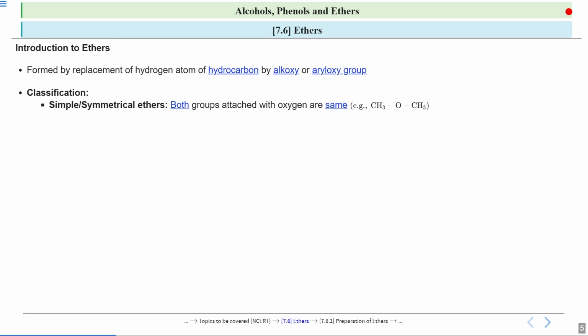In symmetrical ethers, the two groups attached to the oxygen are the same. If you look at this example, there is oxygen in between and the two groups on your right as well as on your left side are the same. Here it is a methyl group and here also it is a methyl group. So this is a simple or symmetrical ether.